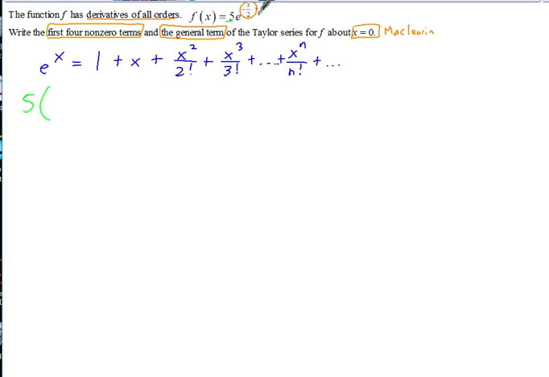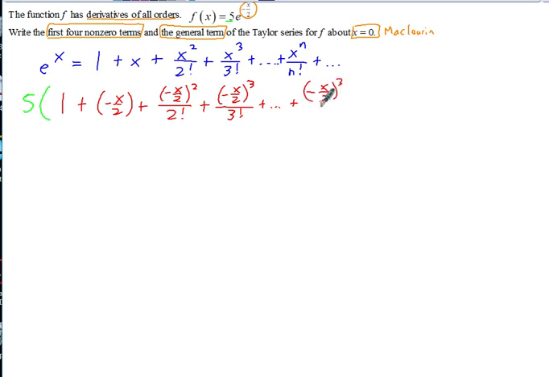And then if we substitute in negative x over 2 for all the x's, well, the 1's not going to change. But instead of x, that'll be negative x over 2 plus negative x over 2 squared over 2 factorial plus negative x over 2 cubed over 3 factorial plus dot dot dot plus, we'll substitute in here as well, negative x over 2 to the n over n factorial plus dot dot dot.